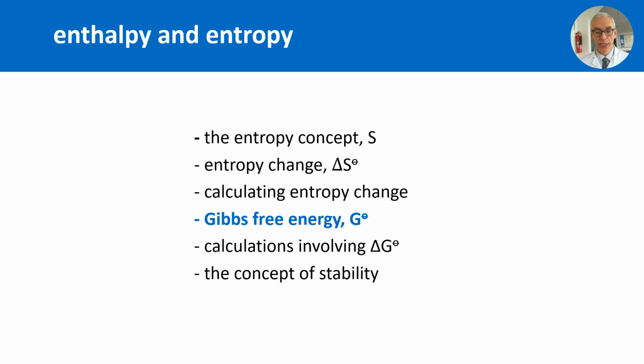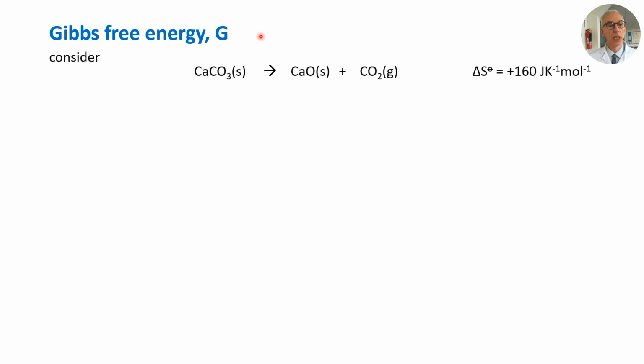Gibbs free energy. Gibbs free energy is given the symbol capital G. Now if we consider the decomposition of calcium carbonate into calcium oxide and carbon dioxide, we saw earlier that the entropy change is calculated to be plus 160, and we would anticipate a positive change as we're forming a gas from a solid.